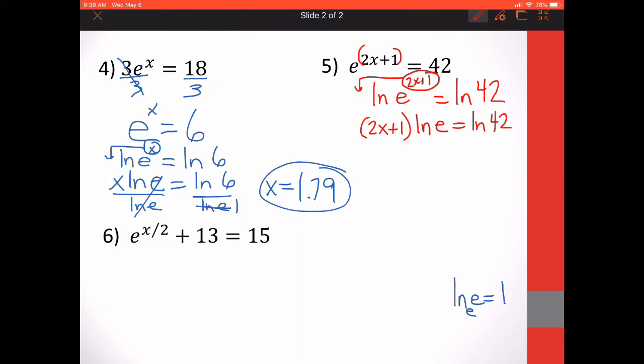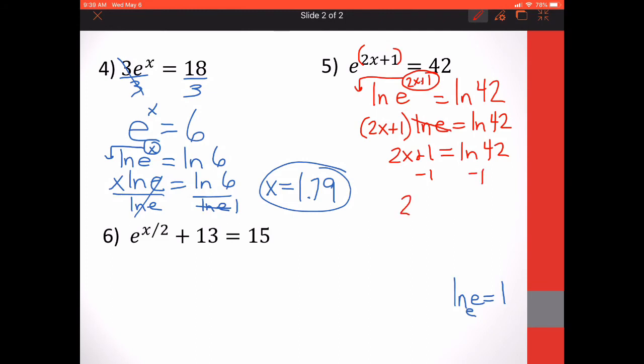Okay, this is where we would divide by the natural log of e, but we just learned natural log of e is 1. So this just cancels. So I really just have 2x plus 1 equals natural log of 42. So to solve for x, I need to subtract 1.